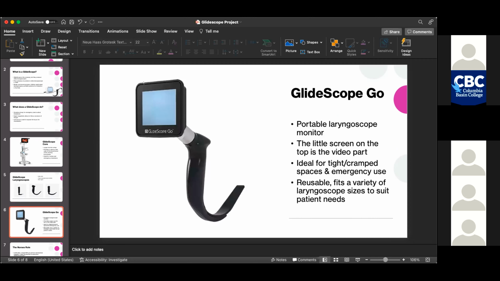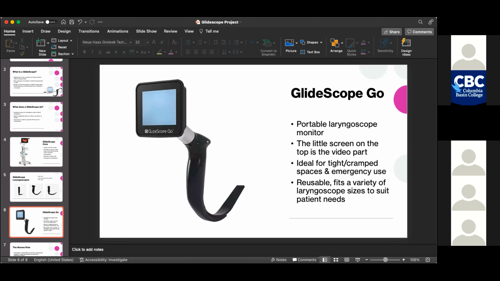I think they said the screen is about 3 inches, so it's really tiny, but it can be used in really tight cramped quarters or out in the field. That top part is the video part, and it doesn't have the dual screen, but it's still cool for on-the-go needs.